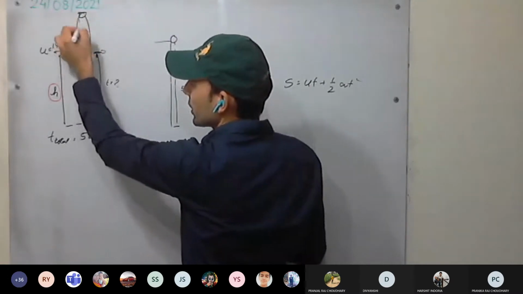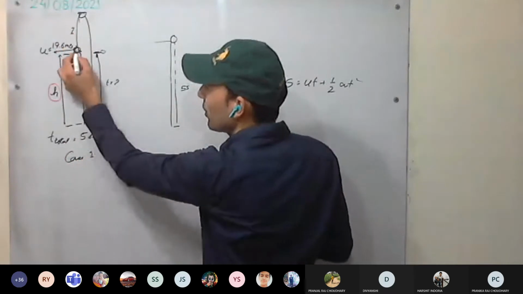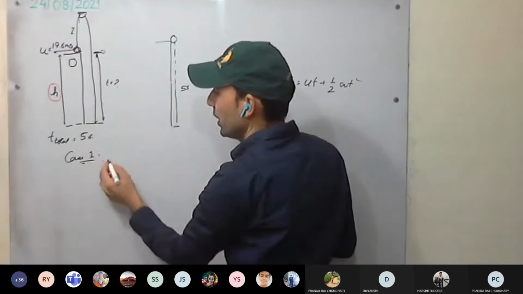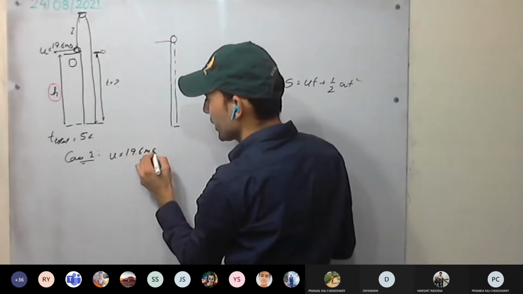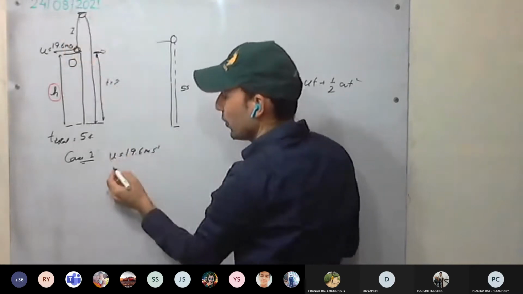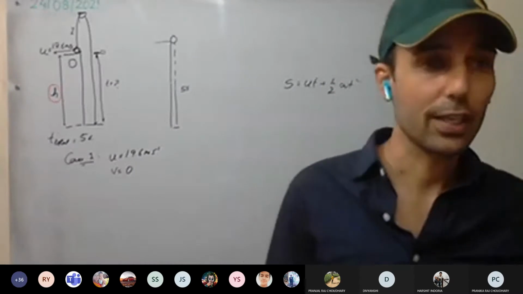This is case first. What is given? u equal to 19.6 meter per second. And at the highest position, v will be 0. Now, what do you have to calculate?